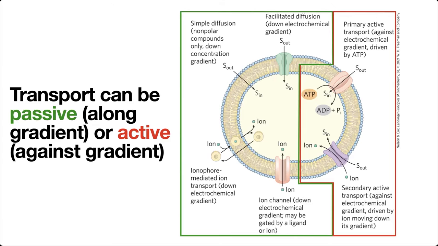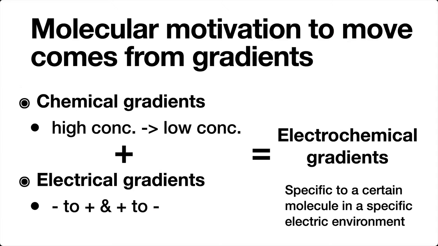specifically the electrochemical gradient. And so we're going to get much, much more into this. But you can think about gradients being the molecular motivation to move. Molecules are going to move from high concentration to low concentration, as well as negative charges are going to move to positive charges, and positive charges are going to move to negative charges.